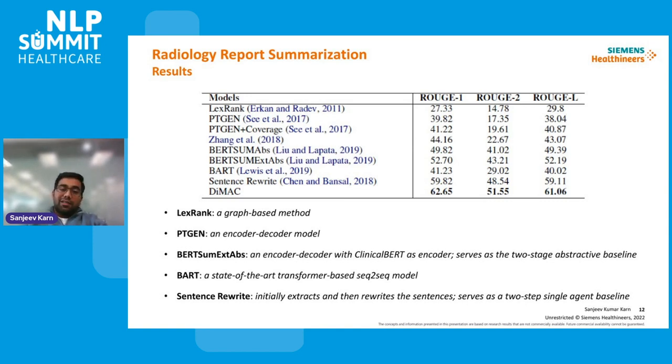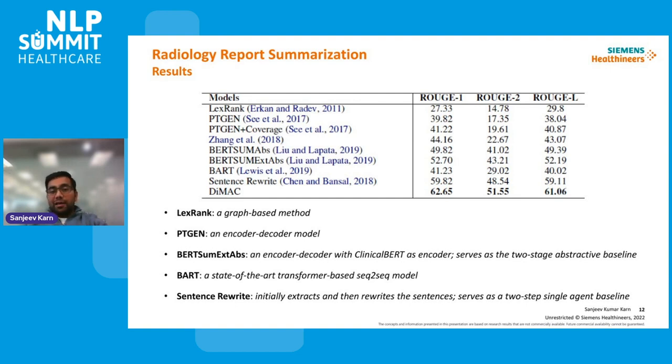Differentiable multi-agent actor critic, DMAC, is our novel methodology where we have two extractors, the word extractor influencing the sentence extractor based on how many keywords it manages to extract out of a sentence and indicating to the sentence extractor to select such kinds of sentences, and it utilizes multi-agent reinforcement learning for training.